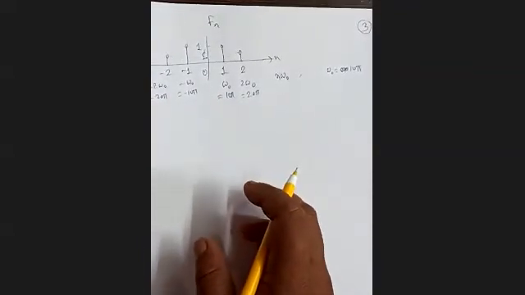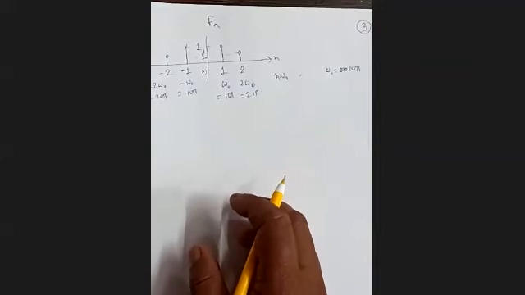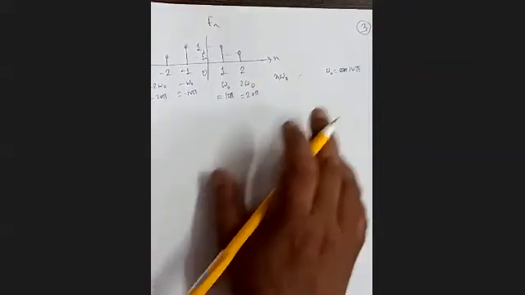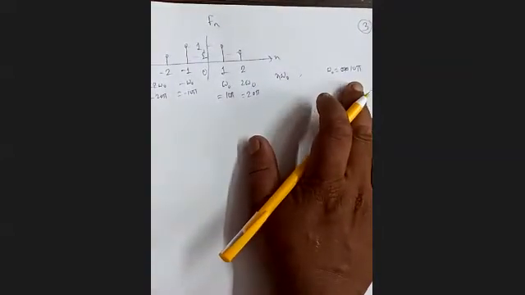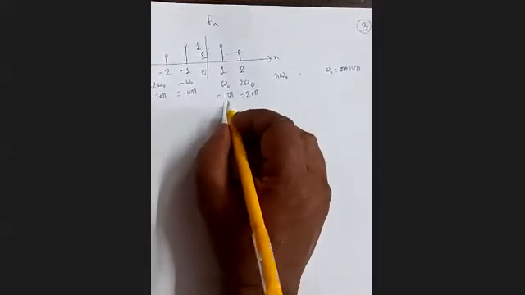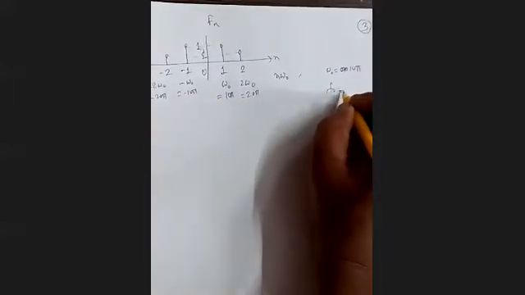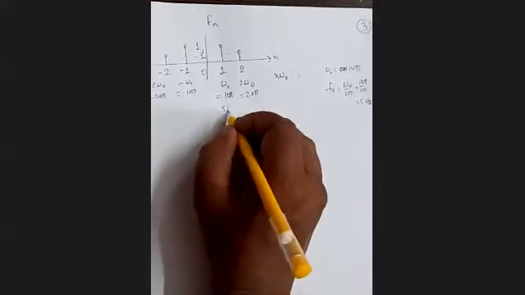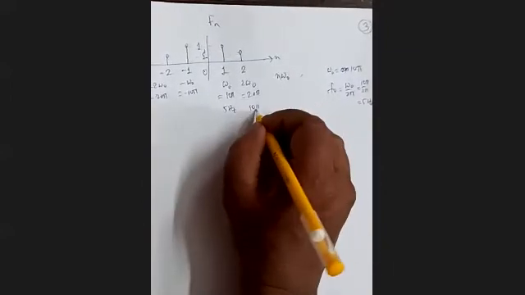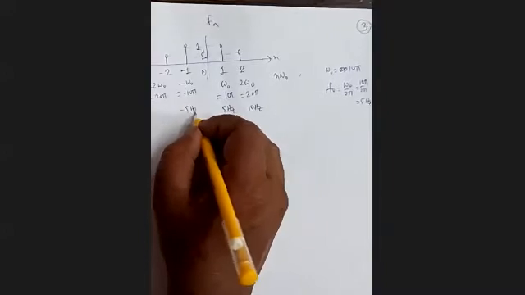In terms of hertz also we can plot it if we want. Now if we divide it by 2 pi, it will be 5 hertz. F0 equal to omega 0 by 2 pi, so it is 10 pi by 2 pi. So 5 hertz, 10 hertz, minus 5 hertz, minus 10 hertz.